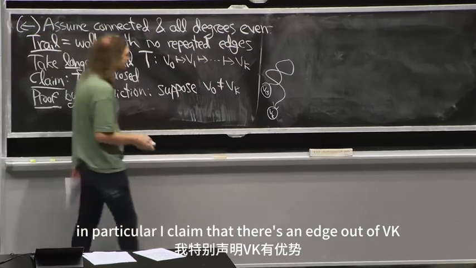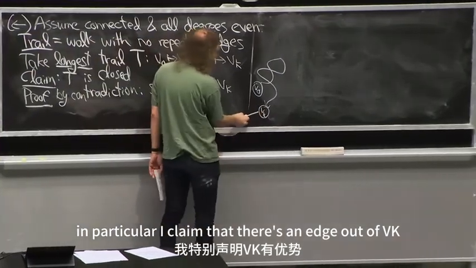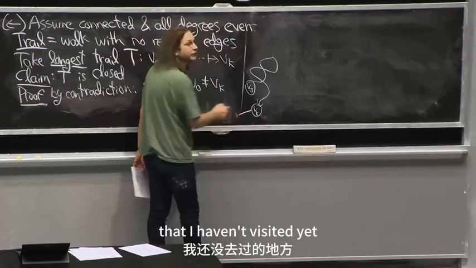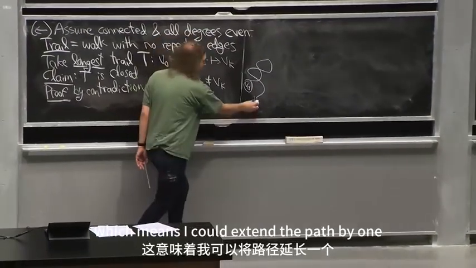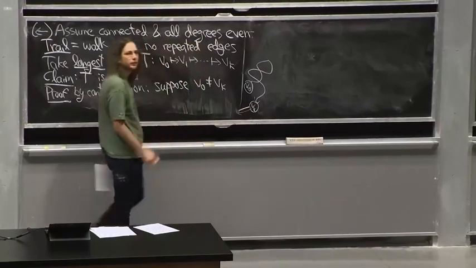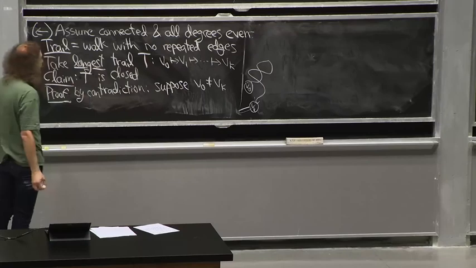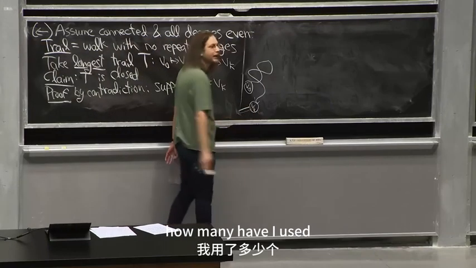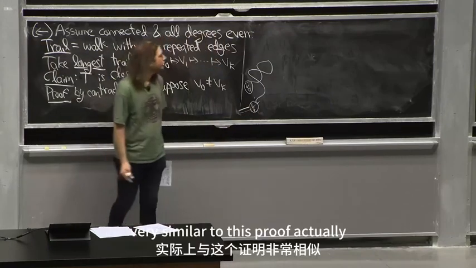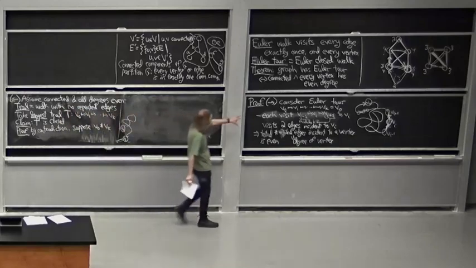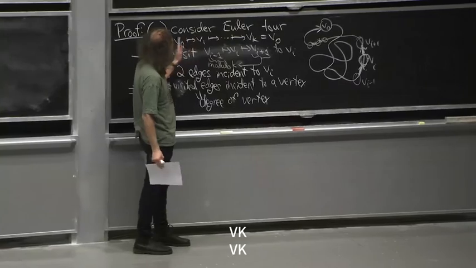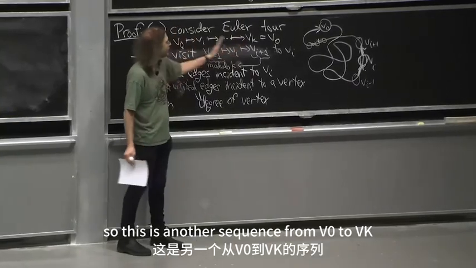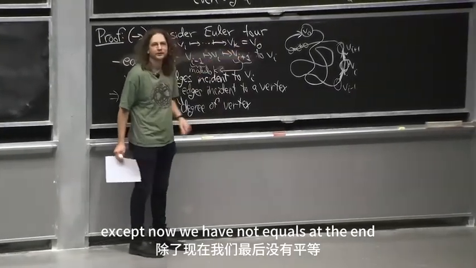In particular, I claim that there's an edge out of vk that I haven't visited yet, which means I could extend the path by 1. OK, that's my claim. And I'm going to do that by counting the edges at vk. How many have I used? Very similar to this proof, actually. So this is another sequence from v0 to vk, except now we have not equals at the end.